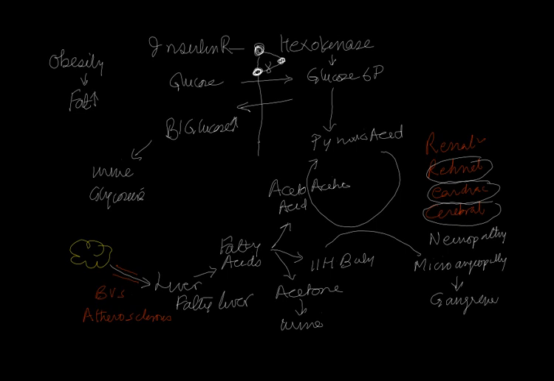So this is the mechanism of obesity or diabetes mellitus. And the central mechanism for diabetes mellitus is lack of these receptors, insulin receptors on the cell.